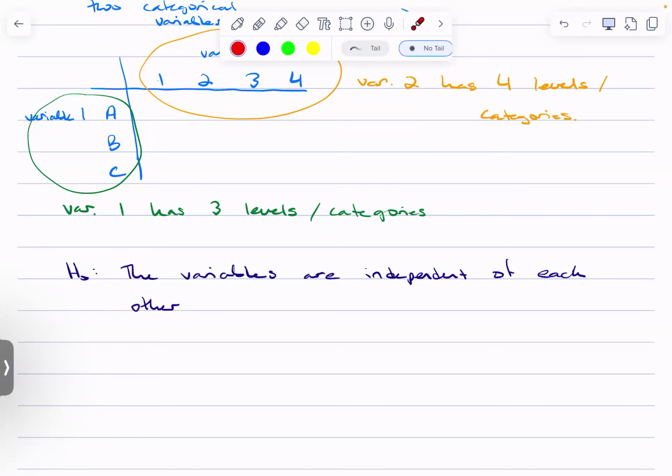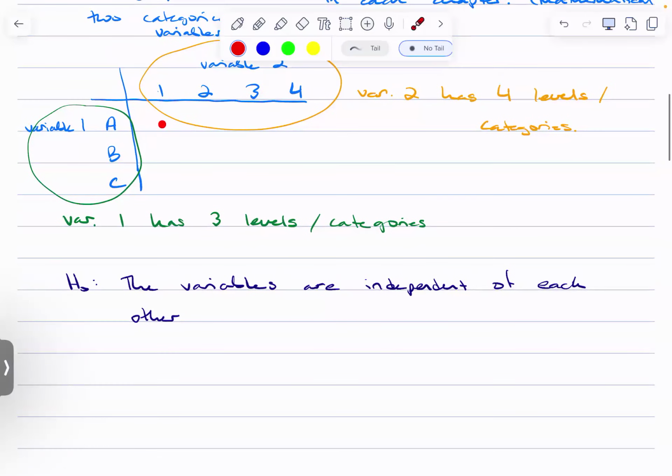So we're going to have observed counts, but we're also going to have expected counts. And just like we did with our Z scores, we had our sample proportion and we wanted to compare it to our hypothesized proportion. We saw, okay, how far apart are these things?